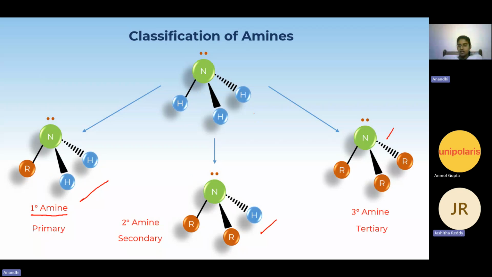Now coming to the next topic, nomenclature of amine. You know very well that there are two different names, the common name and the IUPAC name. First let me discuss the common names with you. The general skeletal structure for the common name is alkyl plus amine.